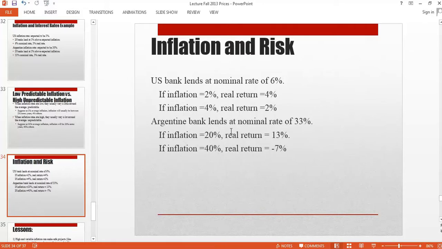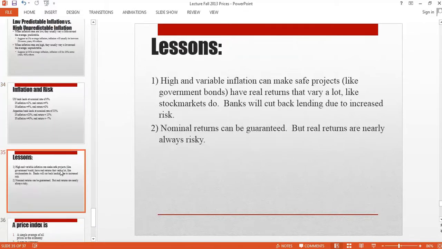And then, correspondingly, banks in Argentina are not going to be willing to lend for just 3% above expected inflation. They're going to want compensation for this extra risk they're running, and that could have bad effects elsewhere in the economy.